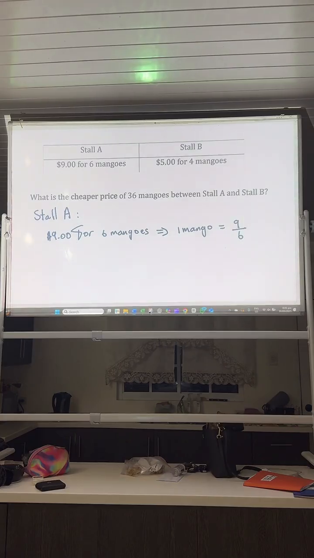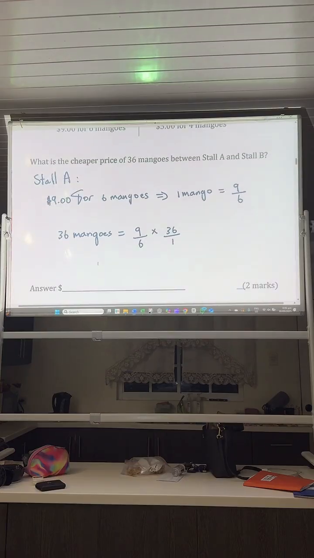So one mango is equal to 9 over 6. Now they want us to find for 36 mangoes. So 36 mangoes in stall A would be equal to 9 over 6, which represents one mango, multiplied by 36 over 1. That's the cost of our 36 mangoes, just to make it easier. So let's go.